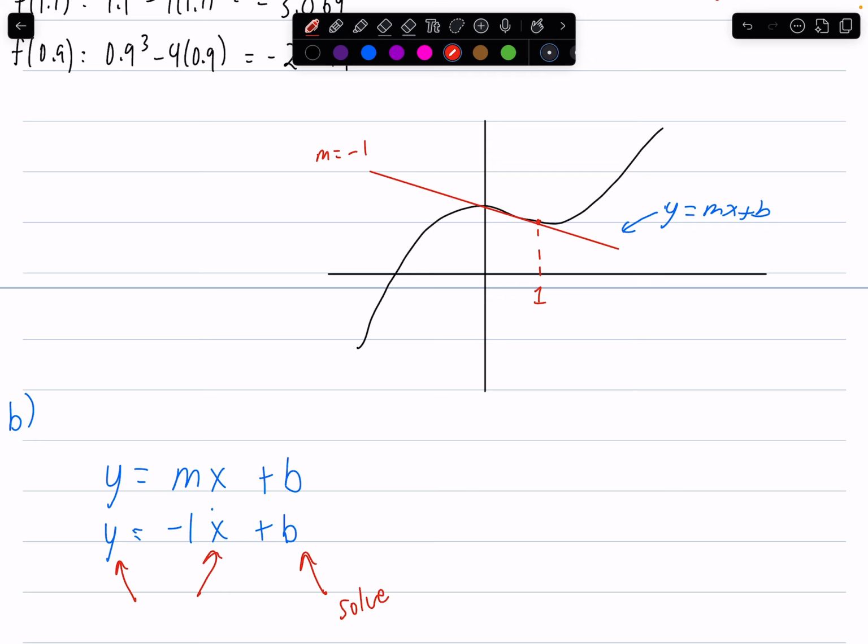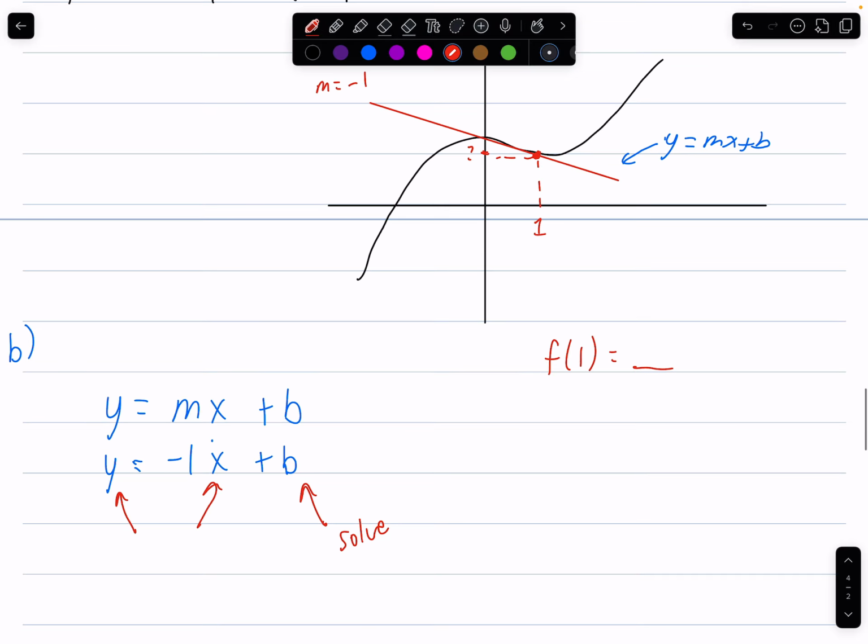Okay, so the question is how do we get that point? The way we get that point is we're going to use this point right here. So this point right here is f at 1 equals some number, right? We want to find the y value of this point, because then that will give us that point.